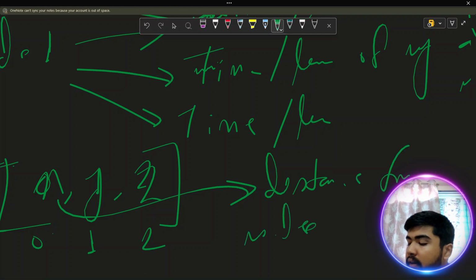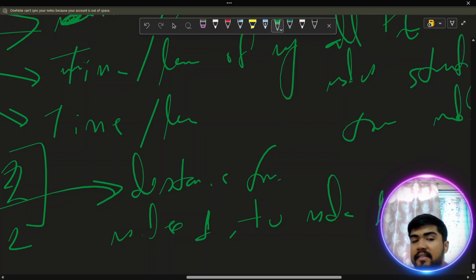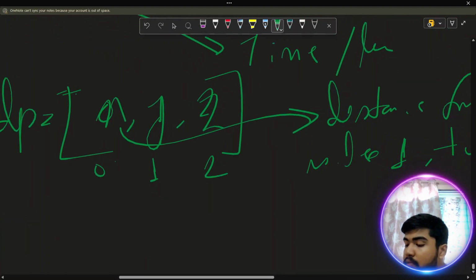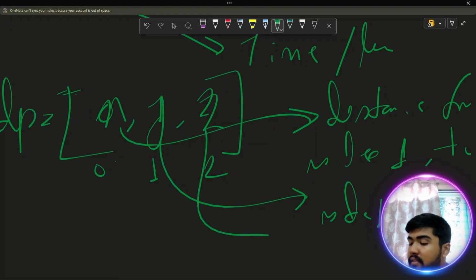This x signifies the distance from node 1 to node 0. Tell me, guys, what will this y signify? The same thing, from node 1 to node 1. And this one is from node 1 to node 2.